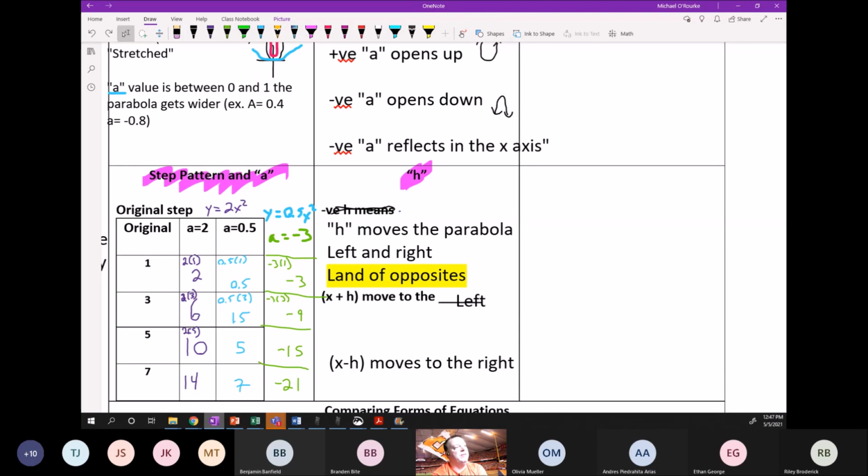The key when you're working with h values is you have to remember it's in the land of opposites. It actually means the opposite thing, like the calculation I showed you off to the side. Put a T in chat if you need a little bit more time to write that down.